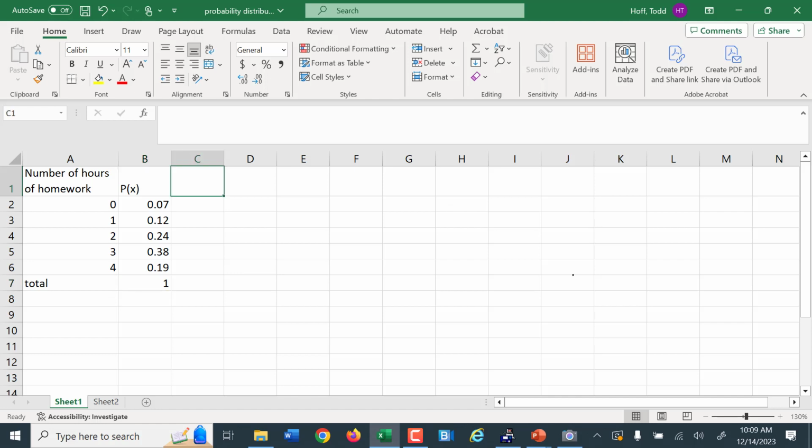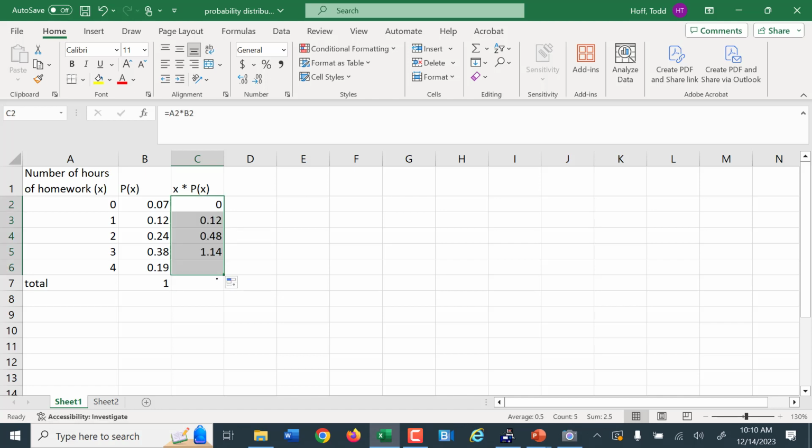To find the mean, the first step was to do x times p of x. So take the value, this number of hours of homework here, that is our value x, times our p of x. So equals this x times p of x. Of course, with 0, it's going to end up being 0.